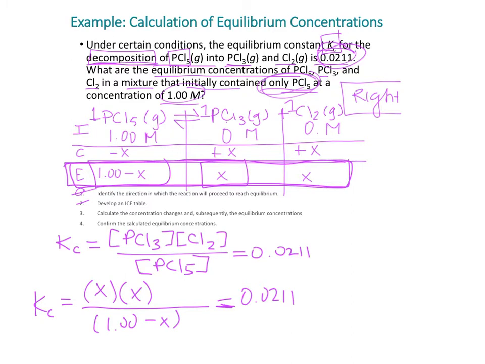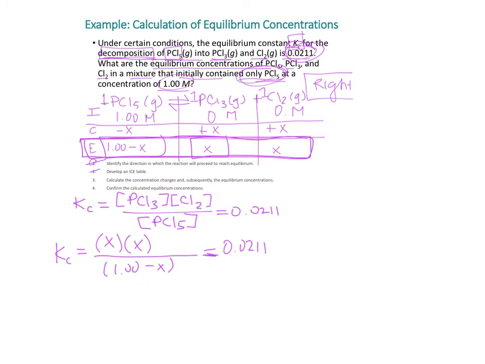So let's go ahead and simplify this a little bit more by making it a little bit shorter. And I'm going to flip it around so that we can see everything better. So I'm going to put the 0.0211 on this side, and it equals X squared, right?